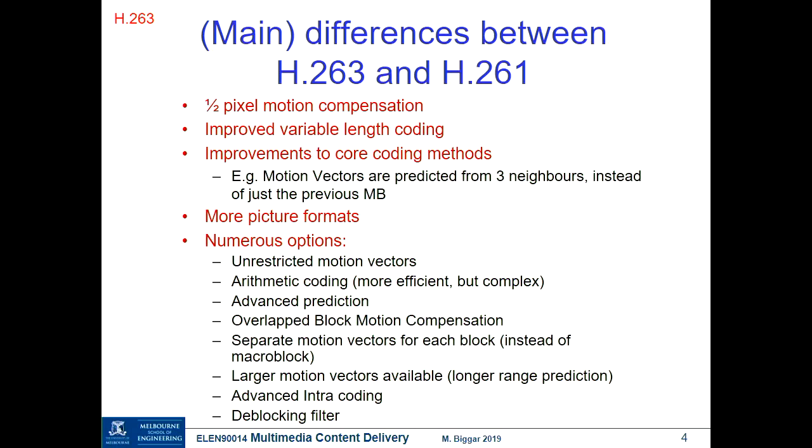What are some of the features of H.263, particularly comparing it with its earlier cousin? It uses half-pixel motion compensation, so that wasn't possible before, a result of the experience and more processing power available. Improved VLCs, that's kind of detail.